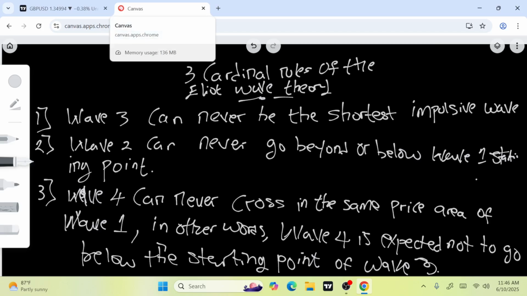Do we get it now? You sure don't go below the starting point of wave 3.